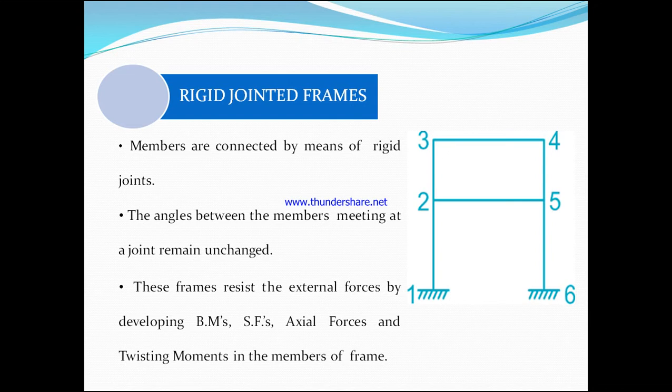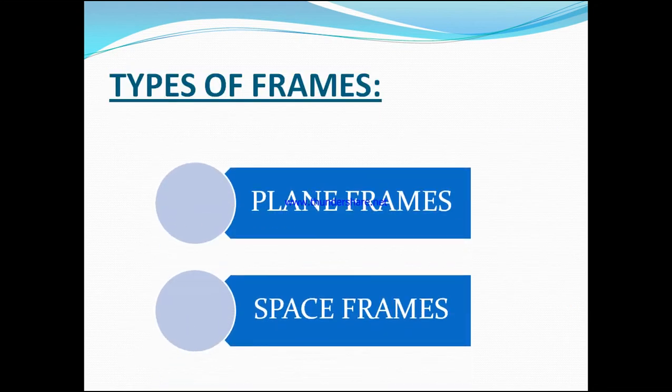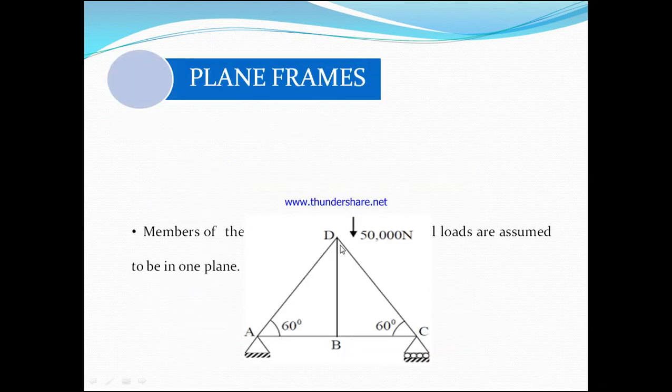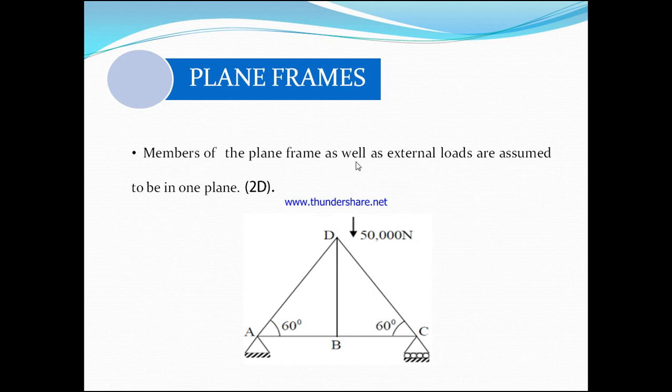This is a classification based on the types of connection, that is either pin joint or rigid joint. Coming to the next classification, based on the dimensions of the frame, it is classified into two types: plane frames and space frames. In plane frames, the members of the frame as well as external loads are assumed to be in one plane, that is a 2D frame.